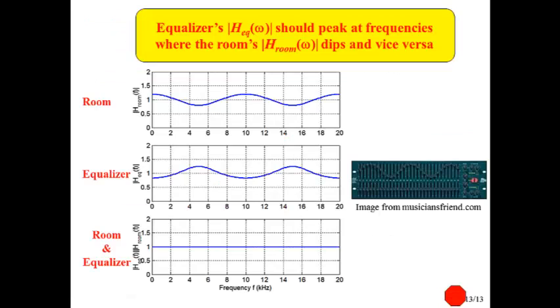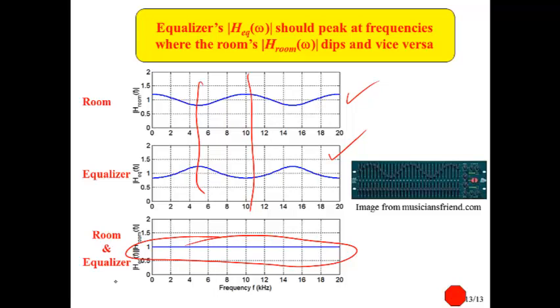Here's an illustration of that. Here's the effect of the room. Here is some equalizer's frequency response, and you can see that they peak and dip in opposite places, so that the product ends up being perfectly flat.